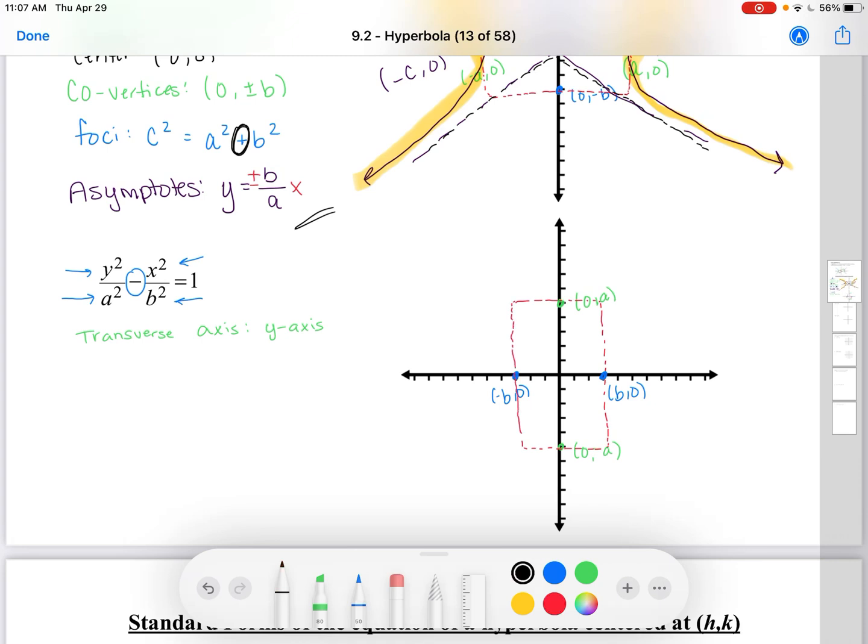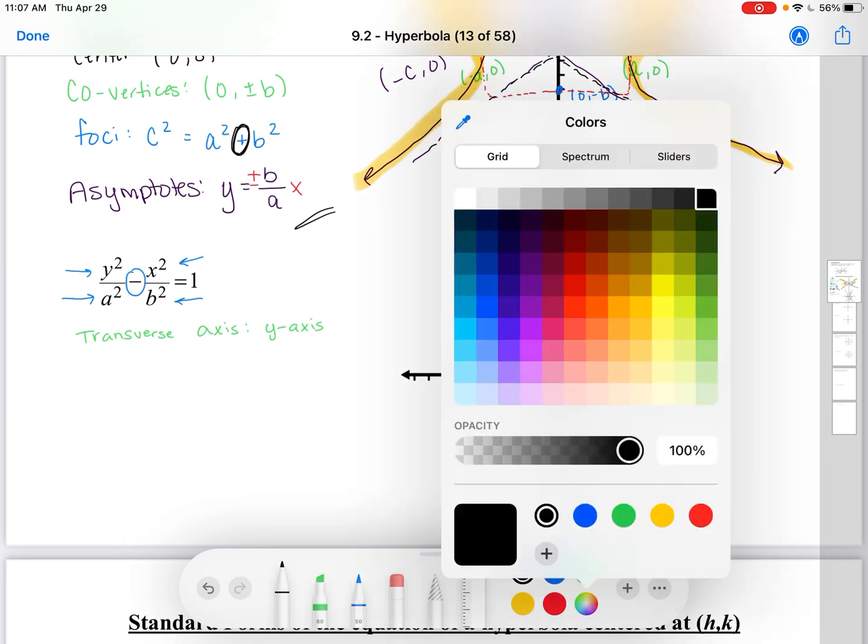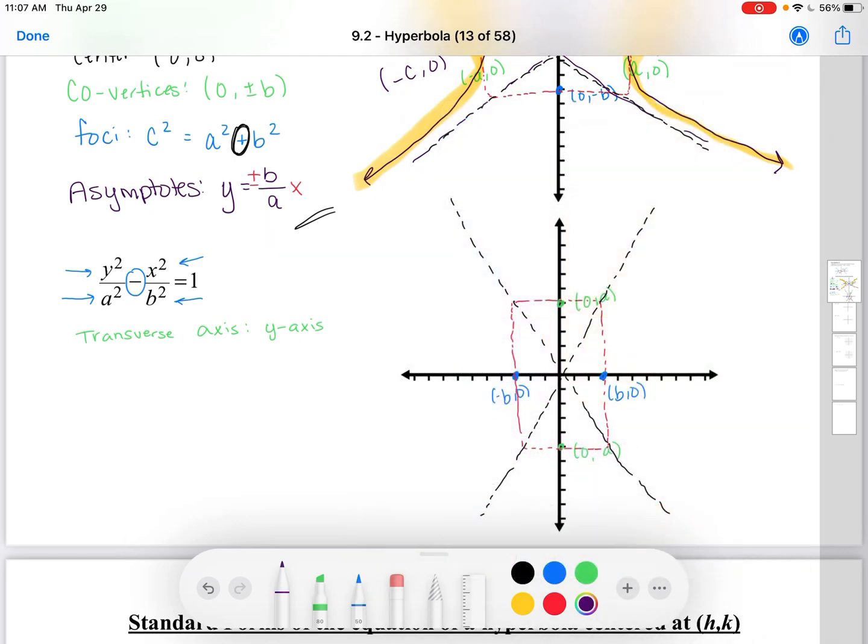Once I have the rectangle drawn out, I can then label my asymptotes, going straight through my rectangle diagonally. The reason for this, again, is to show me how wide or narrow my graphs, my hyperbolas, are going to be. And before I get to the foci, I get to graph my hyperbolas.